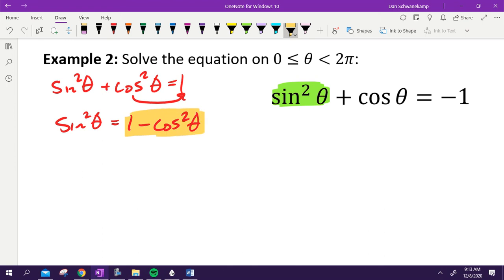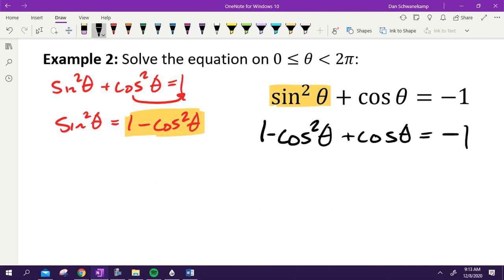Sine squared is equal to 1 minus cosine squared. So for sine squared, I'm plugging in 1 minus cosine squared. I substitute it in. Now I've got everything in terms of either sine or cosine, just one or the other.